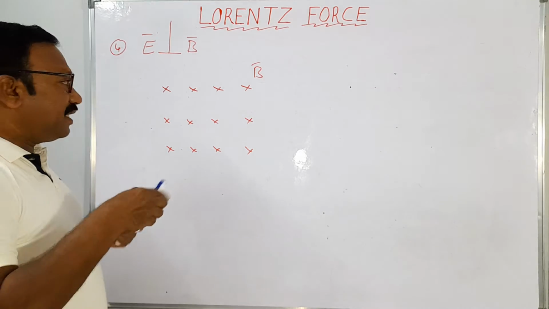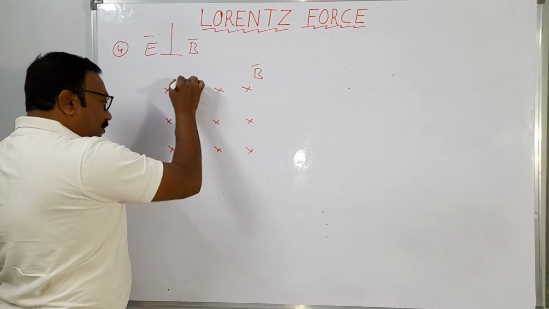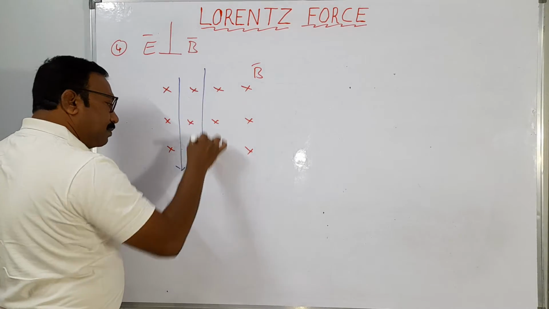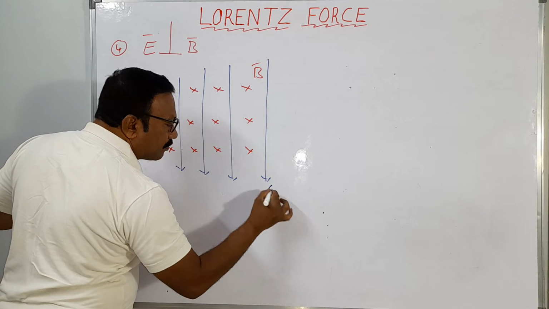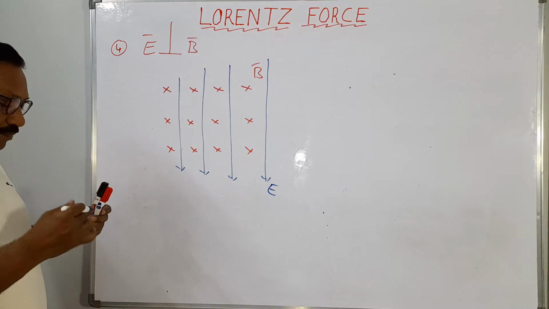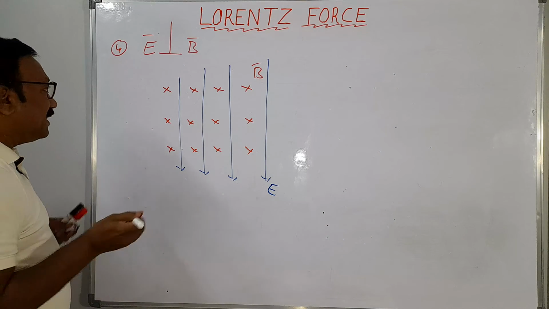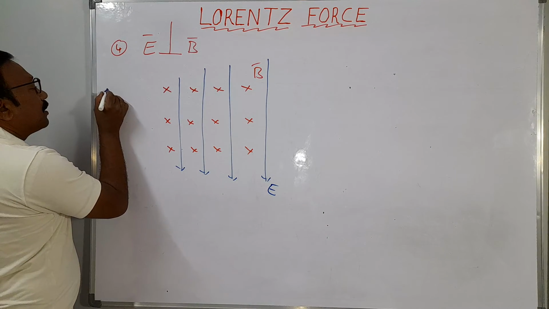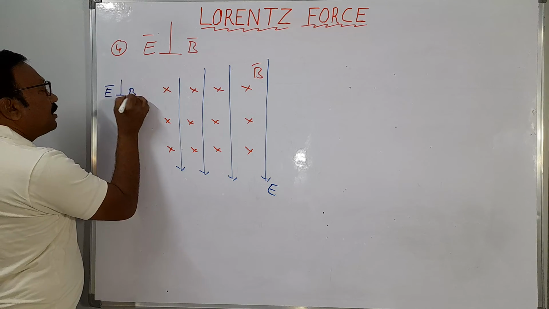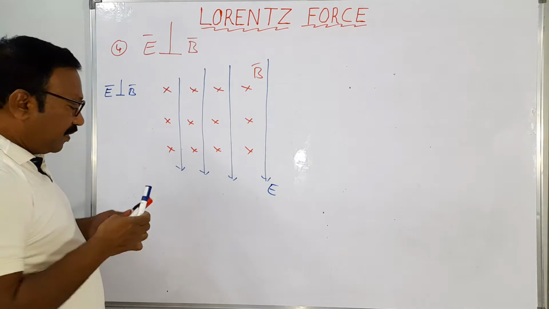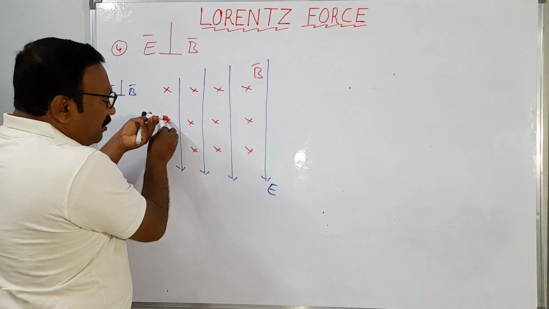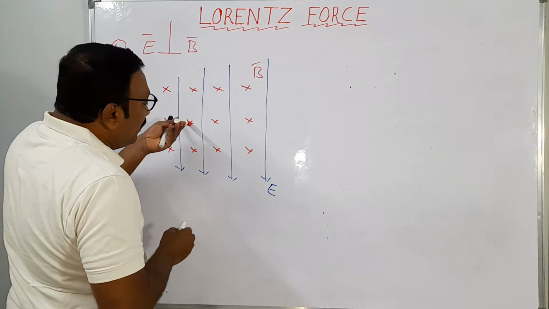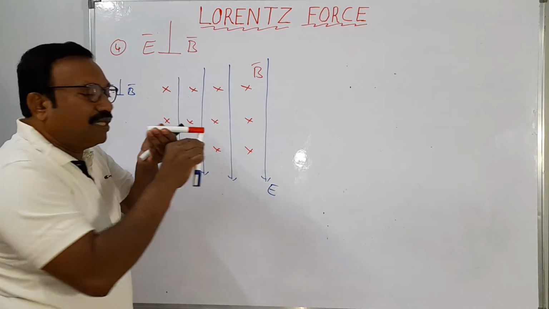The electric field I will take vertically downwards. So here E bar is perpendicular to B bar. Why? The magnetic field is inward, the electric field is downward. So they are perpendicular.